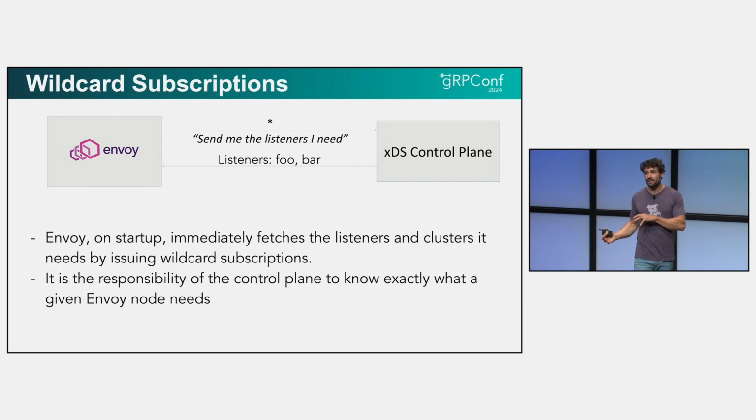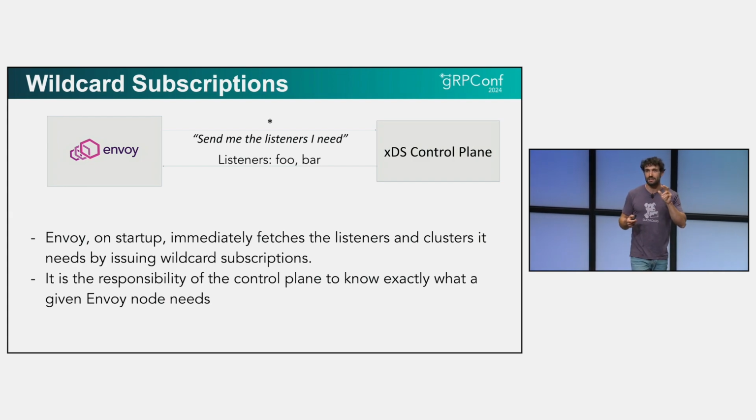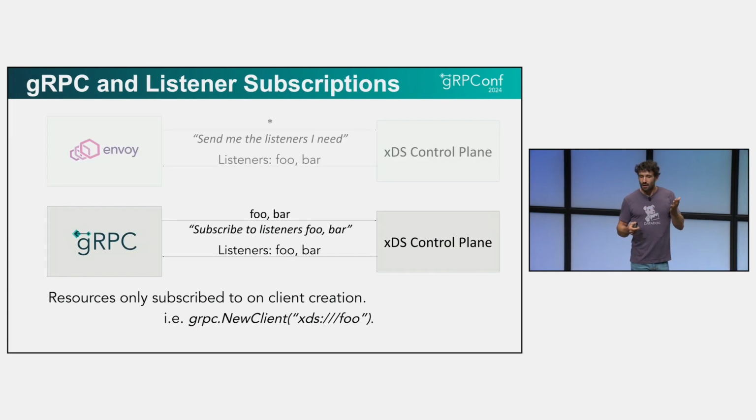And it's the responsibility of the control plane to know what this specific Envoy instance needs. This is also one of the reasons for the UX problems that I was mentioning before. This is different from how gRPC works.